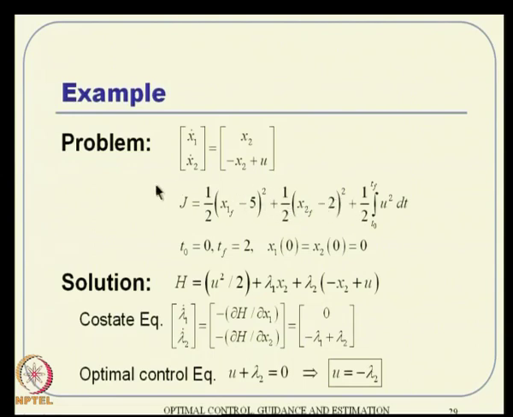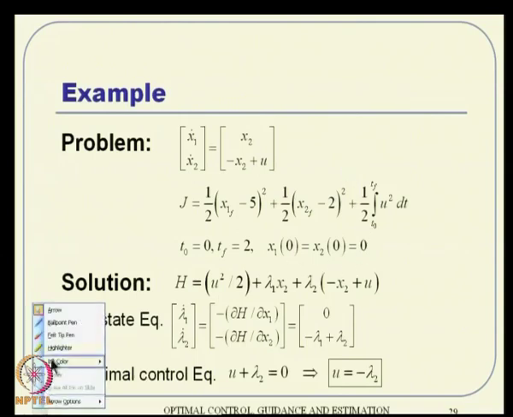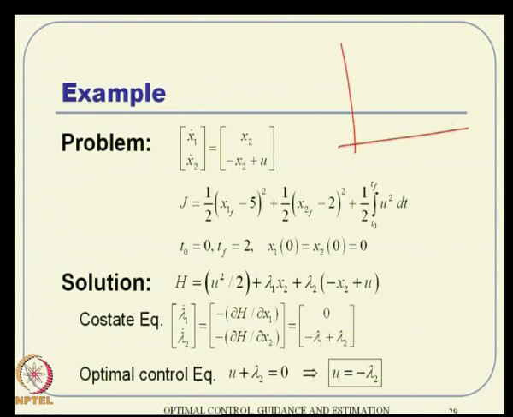That means you can start with the initial condition 0 0, and if you are plotting in terms of x1 and x2, at t equal to 0 it starts with 0 0.